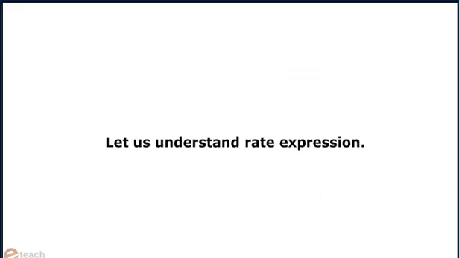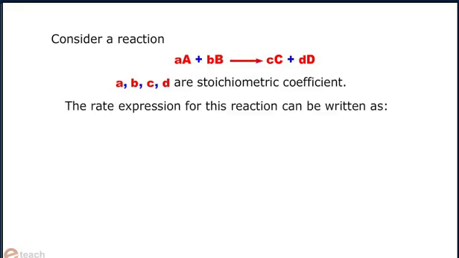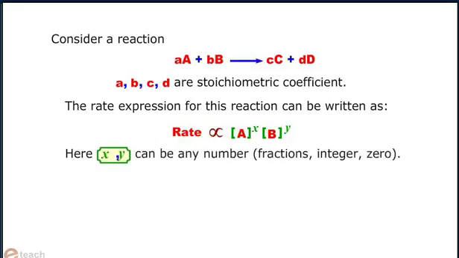Let us understand rate expression. Consider a reaction aA plus bB gives cC plus dD, where a, b, c, and d are stoichiometric coefficients. The rate expression for this reaction can be written as: rate of a reaction is directly proportional to concentration of A to the power x multiplied by concentration of B to the power y. Here, x and y can be any number, that is, fractions, integer, or 0.